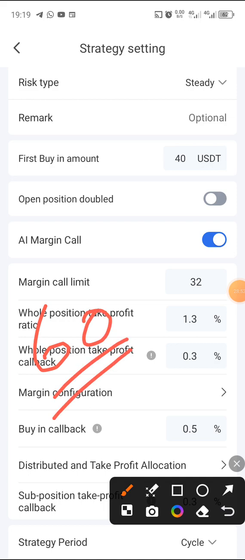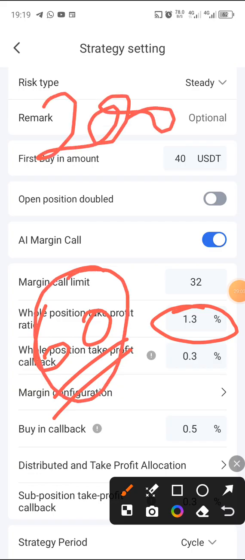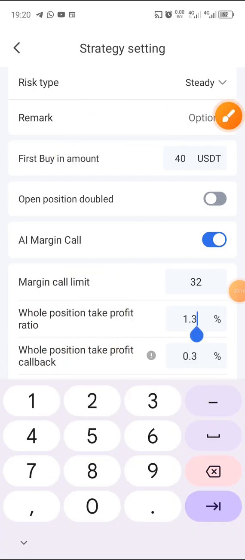So this percentage here will be of this 60, not your capital of the 200. No, it will be the percent of this money invested in the coin. I hope you're understanding, guys. Okay, so we shall use 3% or 3.1.